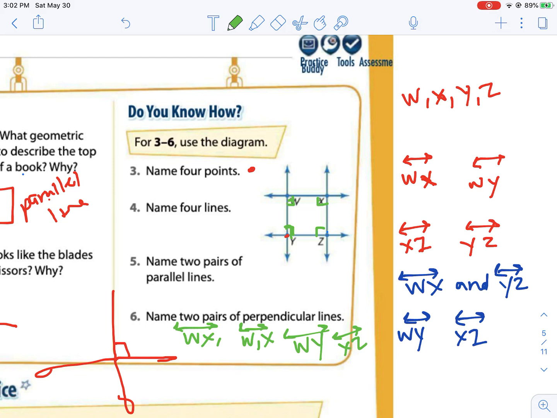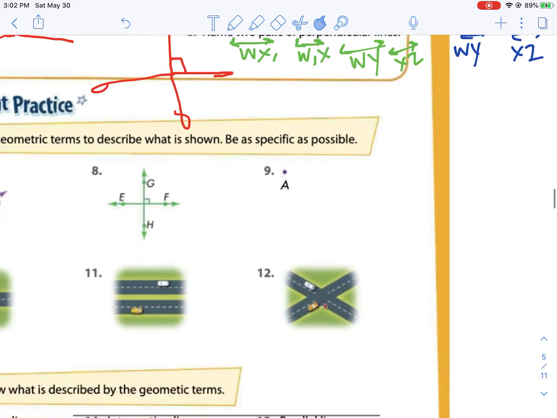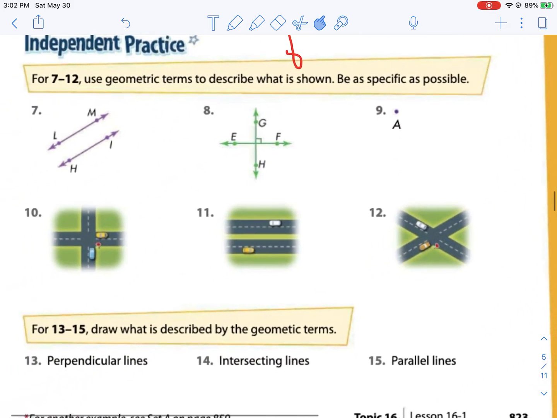Okay, and so this would be WX. So I've got WX and XW, okay, there, so YZ. And so these would be the ways of marking those perpendicular lines, okay? All right.